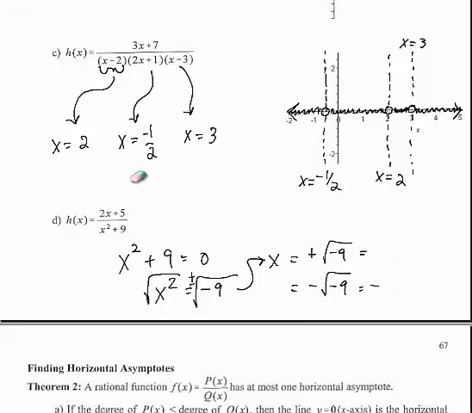Each one would definitely have an i because of the negatives inside the square root. So this one would be 3i. This one would be negative because of the negative on the outside, negative 3i. These numbers are complex. They're not on the x-axis. So we would say no vertical asymptotes. And so I finally put the P there.